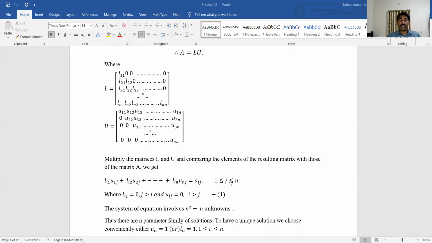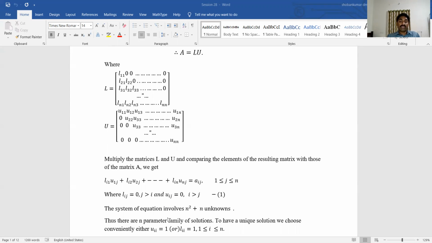Here j varies from 1 to n, where Lij is equal to 0 when j is greater than i and Uij is equal to 0 when i is greater than j. This is equation one.